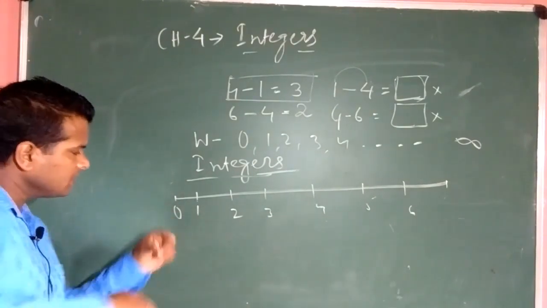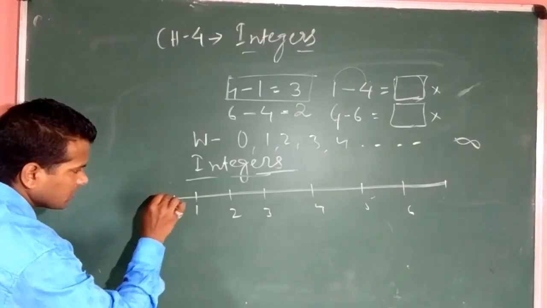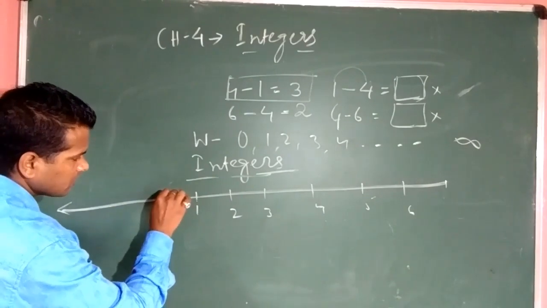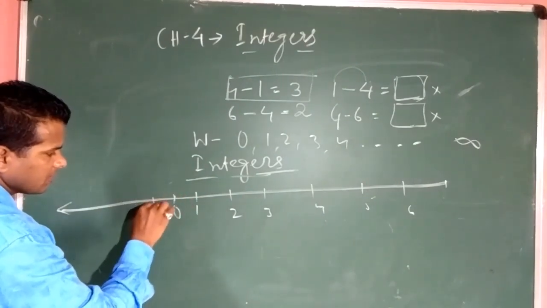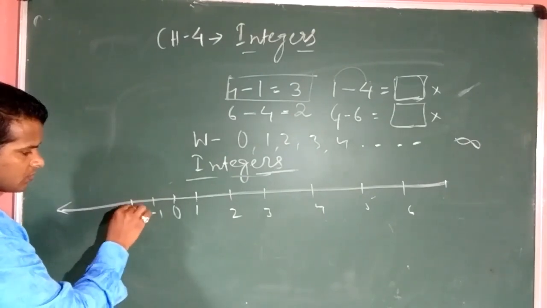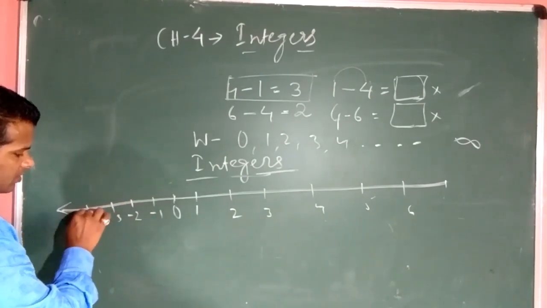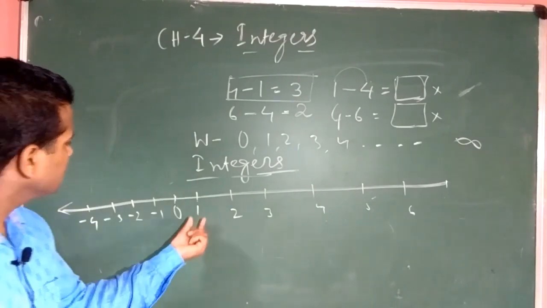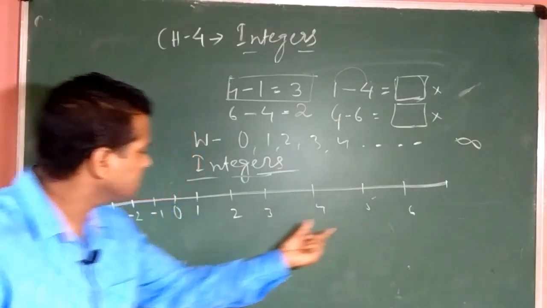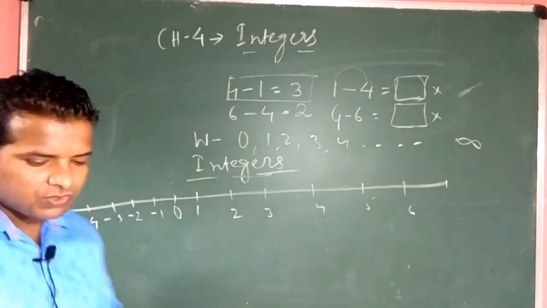But when you go the other way from 0, it will be minus 1, again minus 2, minus 3, minus 4. So the whole numbers start from 0, 1, 2, 3, 4, 5, 6, and these are opposite to each other.